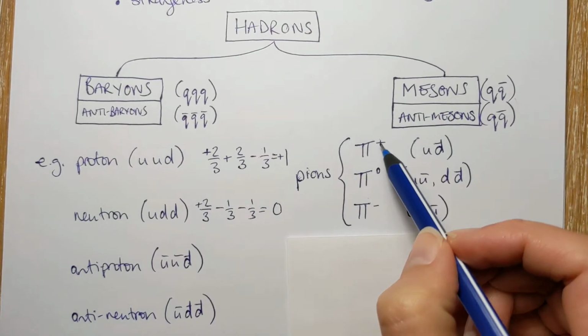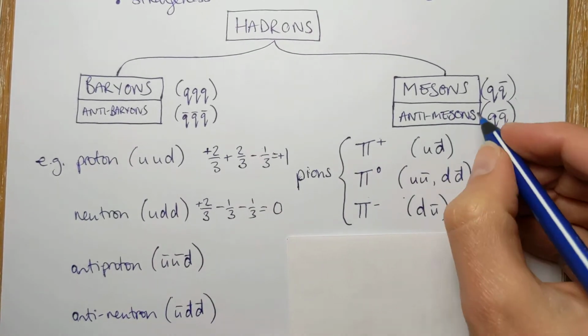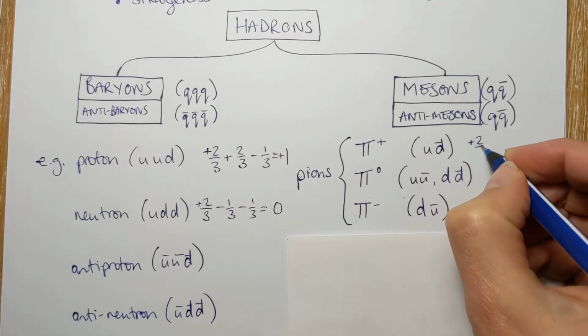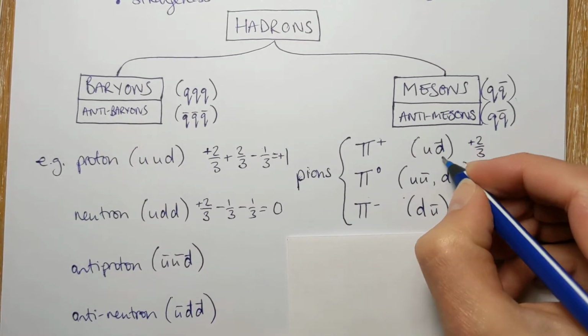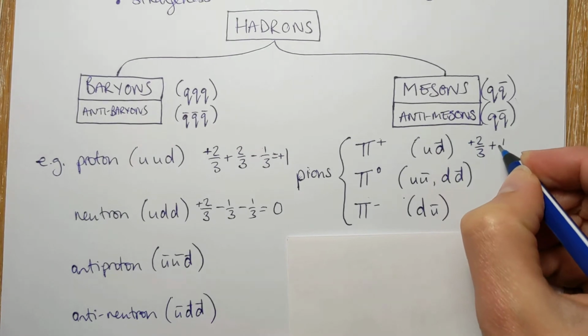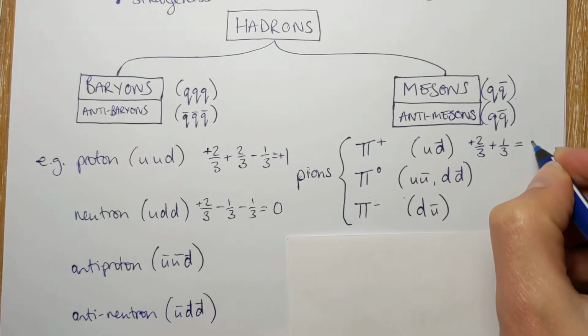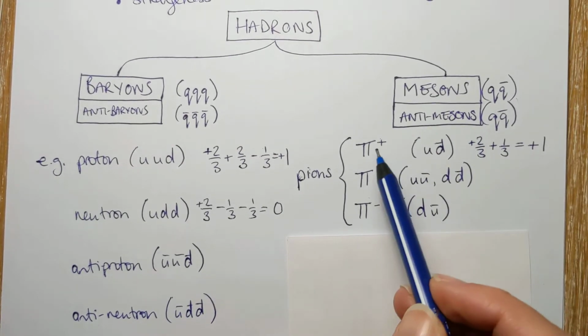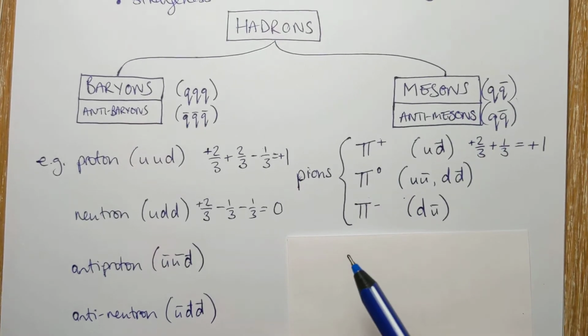So if you look at the pi plus meson, we've got an up, so that's plus 2/3 charge, and then an anti-down, so that is plus another third. So you can see that that's going to give a charge of +1 for that particle.